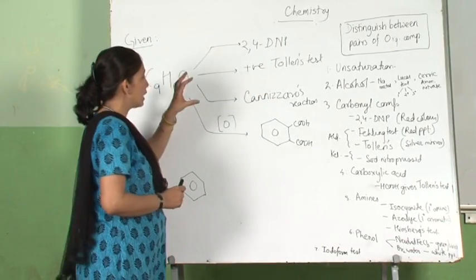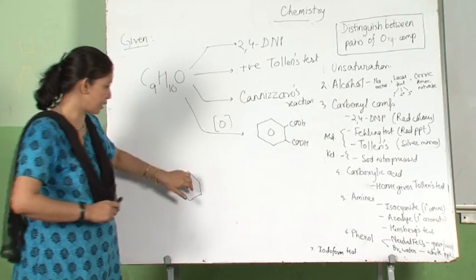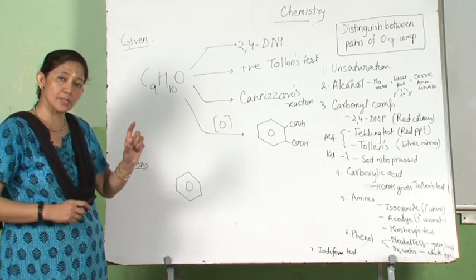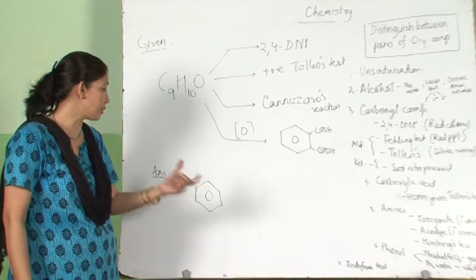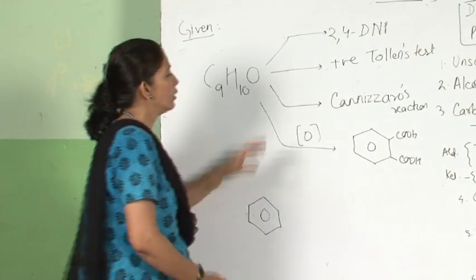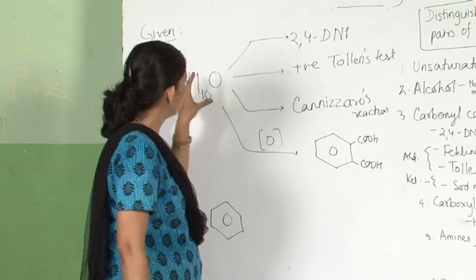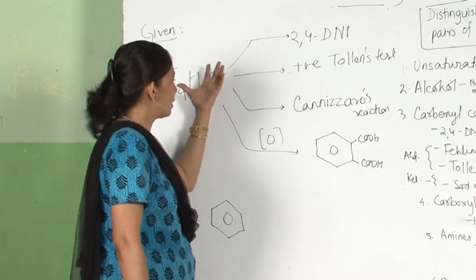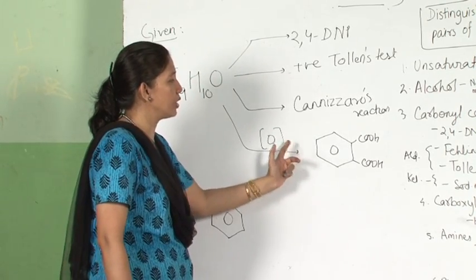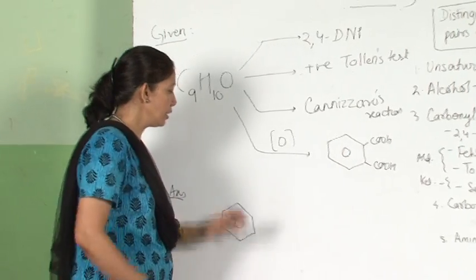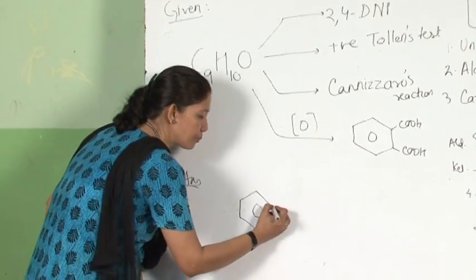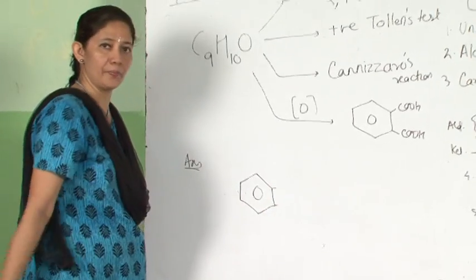So that means the aldehyde group which is attached to the ring, that carbon atom should not have an alpha hydrogen, or in other words, the aldehyde group is directly attached to the ring. The last one, the organic compound you have to investigate is giving me on oxidation 1,2-benzene dicarboxylic acid. That means there is a substitution in the first position and in the second position.